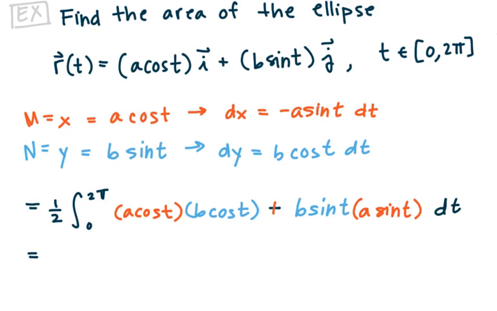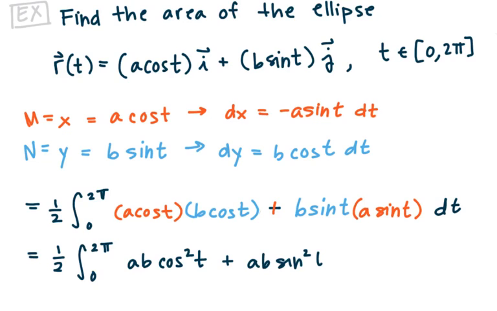So this simplifies because I actually have cosine squared plus sine squared. So here we have 1/2, the integral from 0 to 2 pi of ab cosine squared t plus ab sine squared t dt. So a and b are constants. I'm going to factor those out.